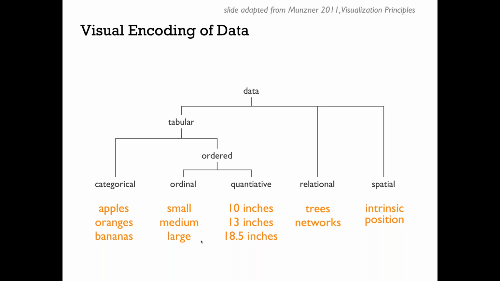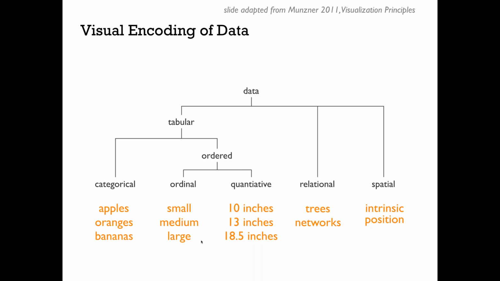Those kinds of things are special because they do have a real-world representation. Everything to the left of spatial is abstract data. And that's where we are completely free to choose our encoding because there is no real-world representation that we would know of, generally. With relational data, on the other hand, if you talk about a road network, that is spatial data that has some relational aspects to it, for example.